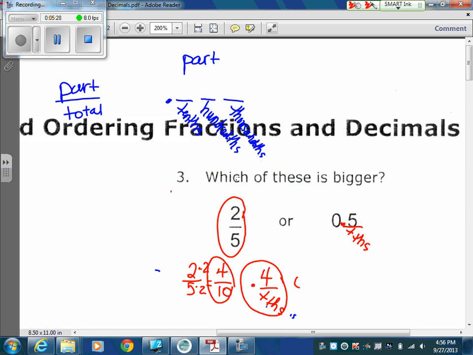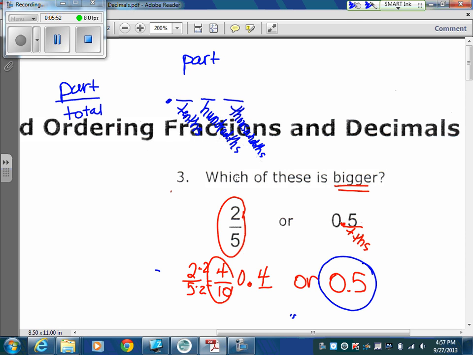Now I can compare it to 5/10. Okay, let me rewrite this so you don't think that's circled for my answer. 4/10, 5/10. Well, they asked for bigger. So which one is bigger, 4/10 or 5/10? The bigger one is 5/10 because 5 is bigger than 4.